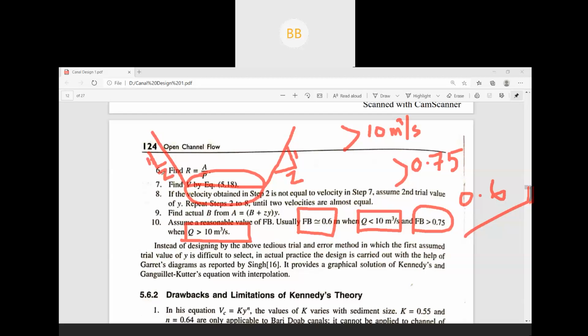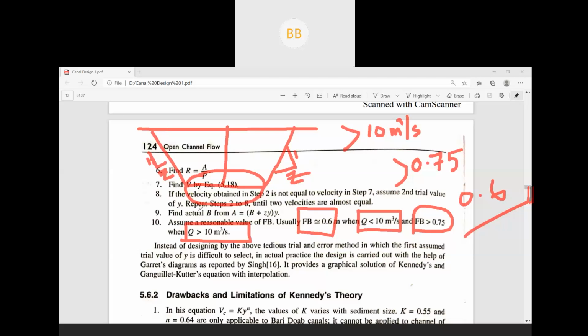Both the sides, 1 is to z. And then what will be the depth of flow or maximum depth of flow for that particular channel? Then only we can construct that particular channel practically, after getting all the parameters.